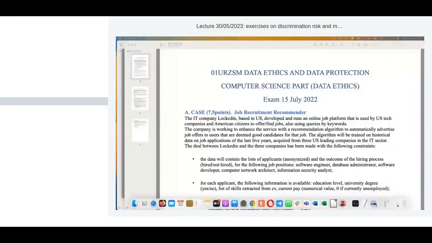I uploaded the solution a few minutes ago on the web portal, and I will quickly comment on it here now.